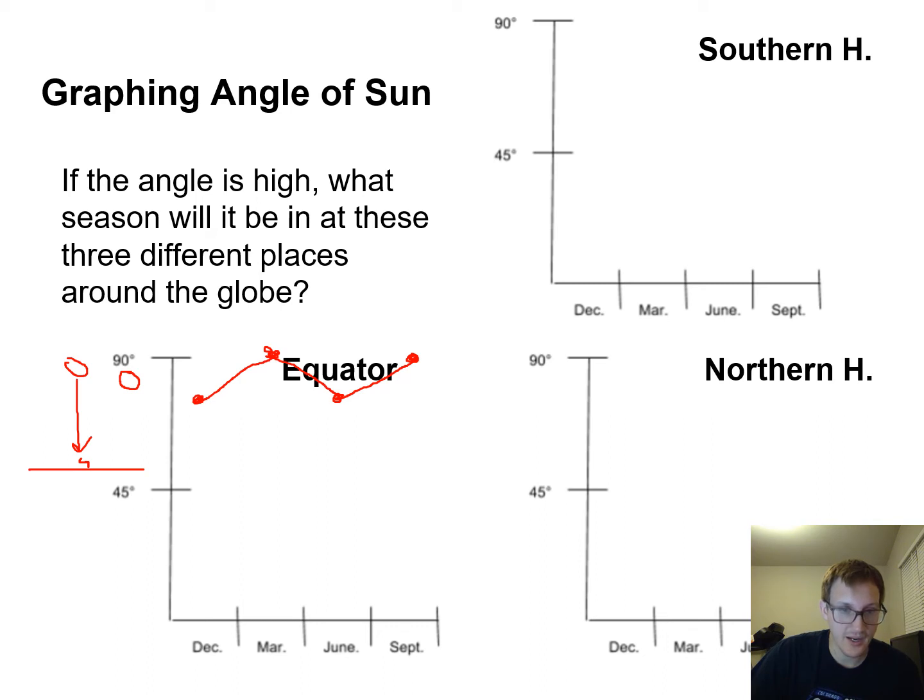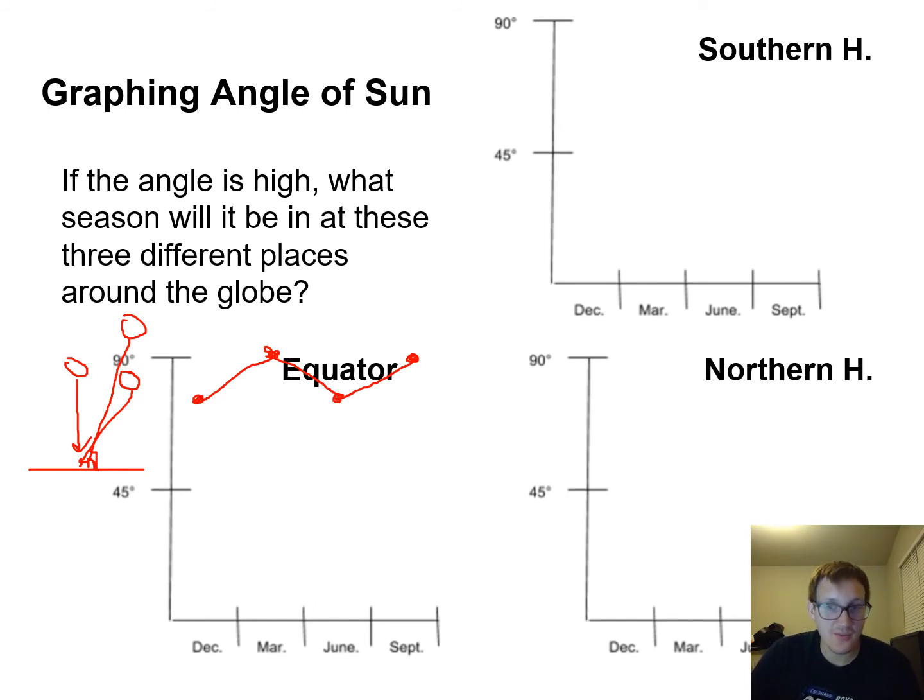Instead, it's a little bit higher or a little bit lower. So on that same spot, it's going to hit there, and it's going to hit there, and their angles are going to be relatively similar. Okay, again, remember that the equator does not change that much, so the angles don't change that much.